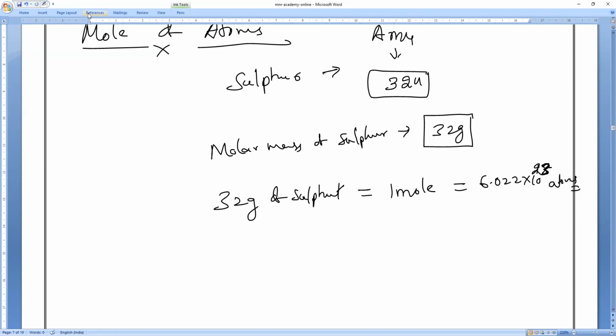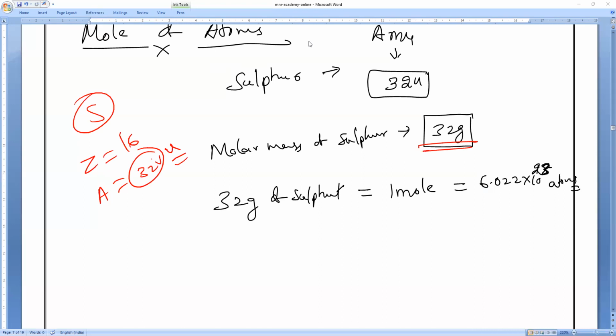The atomic number is 16, Z equals 16. Sulfur's atomic mass is 32. That's all I'm saying. So the atomic mass is 32, and that is what is taken as the molar mass. Do you understand?